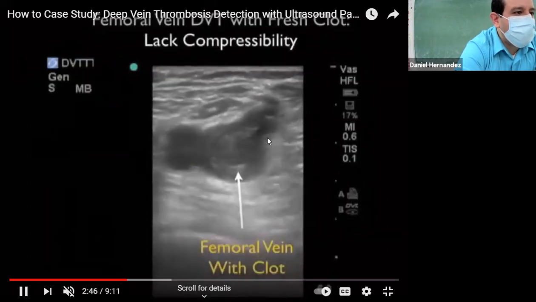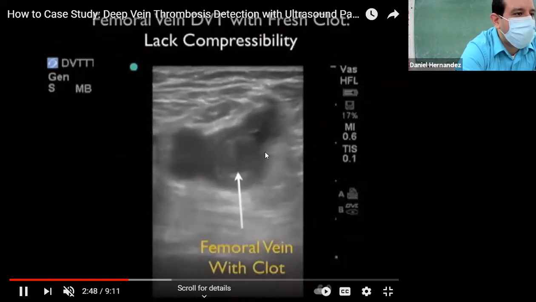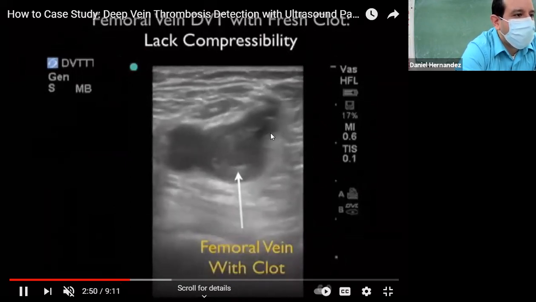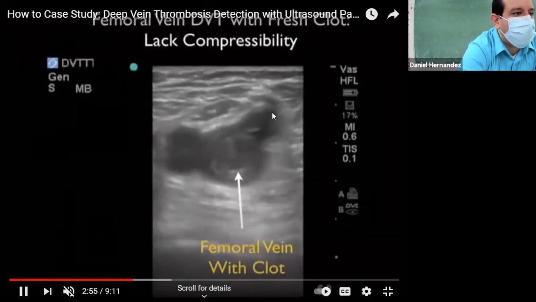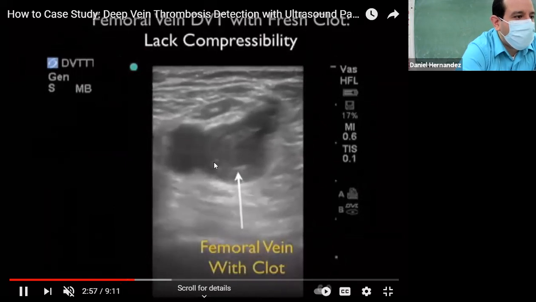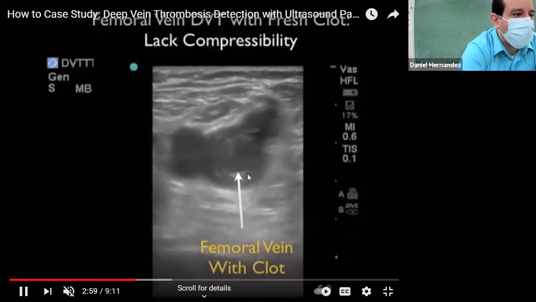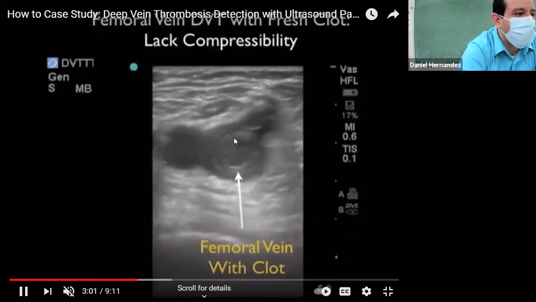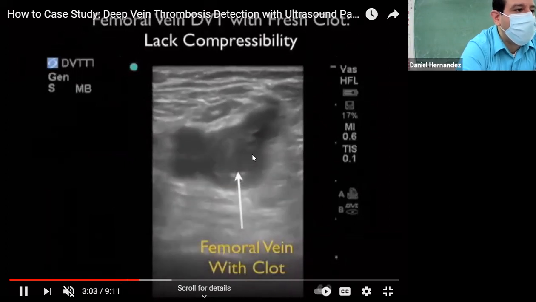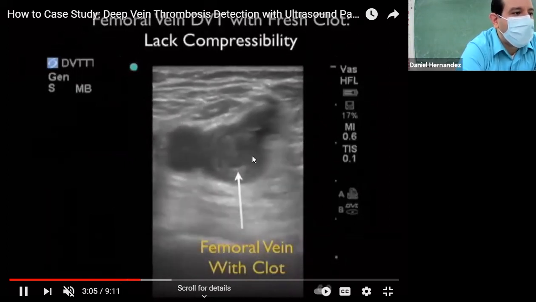If you can imagine, it's going to look pretty similar as you go down the leg. They're doing compression here. Again, a little bit of compression up here by the greater saphenous vein, by that junction. But there's obvious thrombus. So this is an acute thrombus within the common femoral vein. It has this spongy echo texture to it.